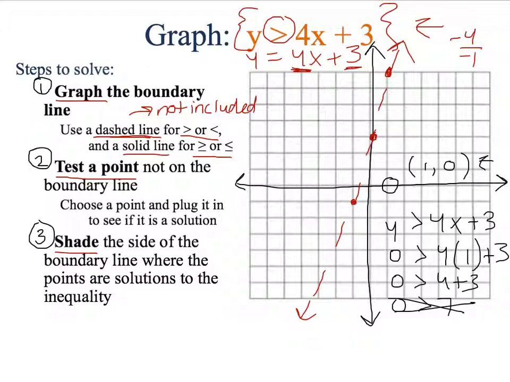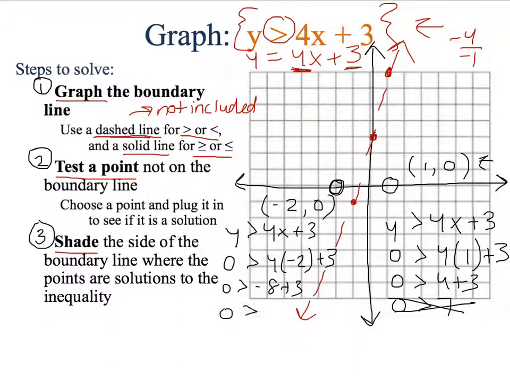Now just to be careful, why don't we go ahead and try this one. This one is (-2, 0), and see if that one works. So we'll have y is greater than 4x plus 3. Now we'll substitute that in, so we have 0 is greater than 4 times negative 2 plus 3. And we get 0 is greater than negative 8 plus 3.